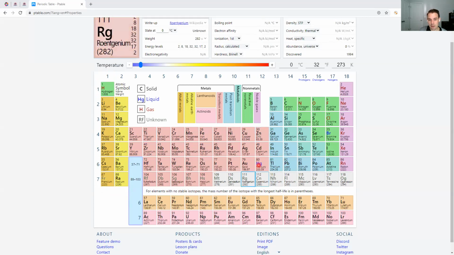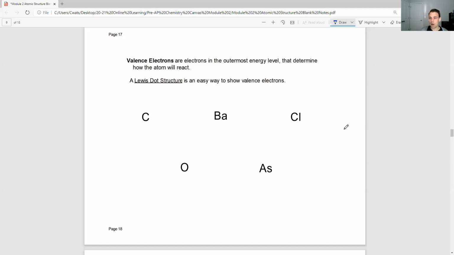Notice we skipped all these things in the middle. 3, 4, 5, 6, 7, and then the noble gases here all have 8 valence electrons. Okay, so those are how we figure out our valence electrons. So if we go back here, our first example is carbon.